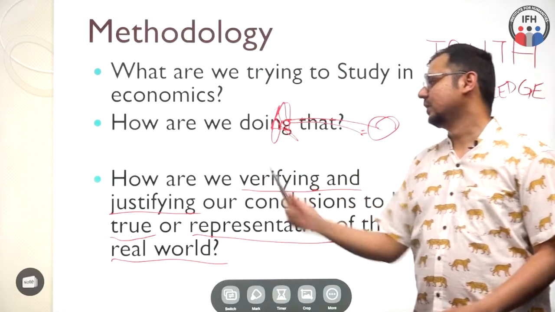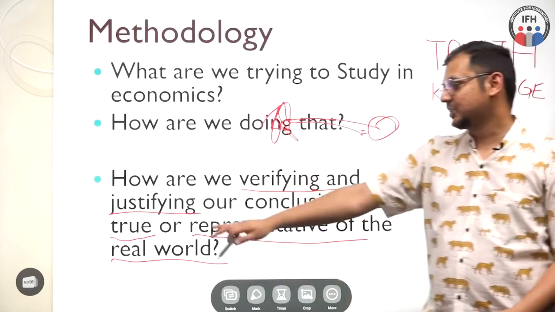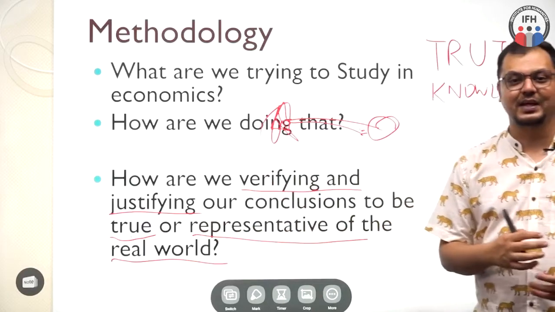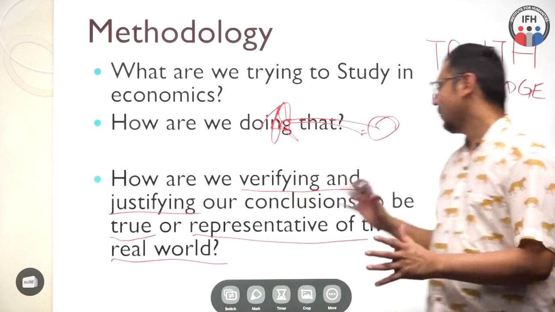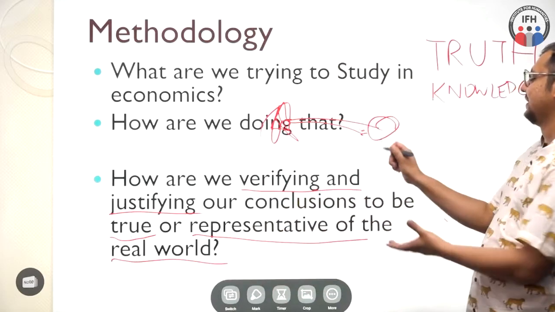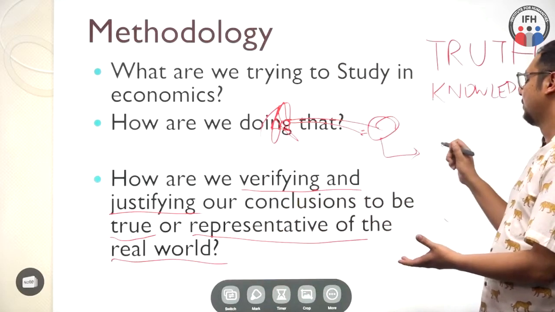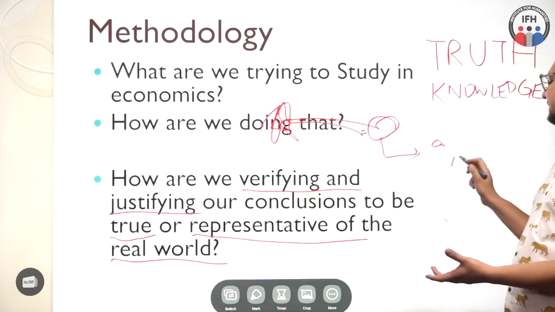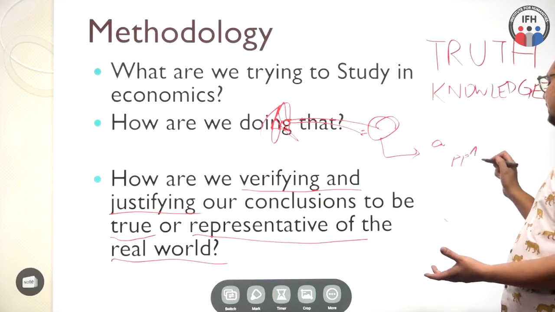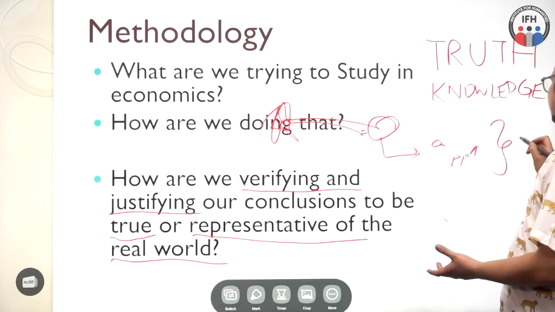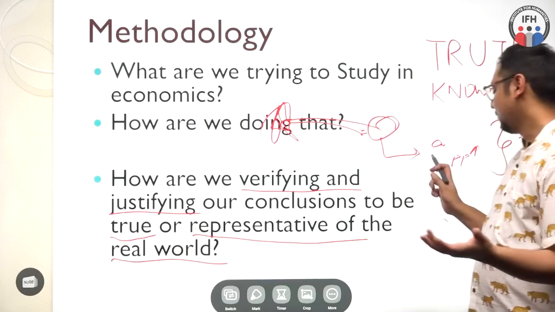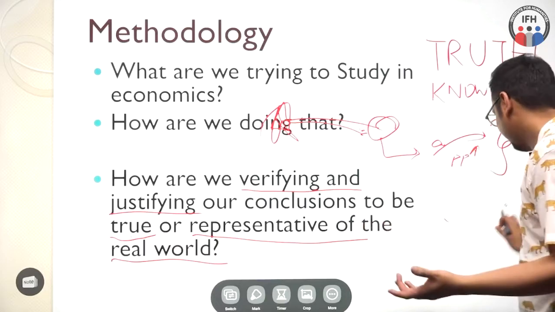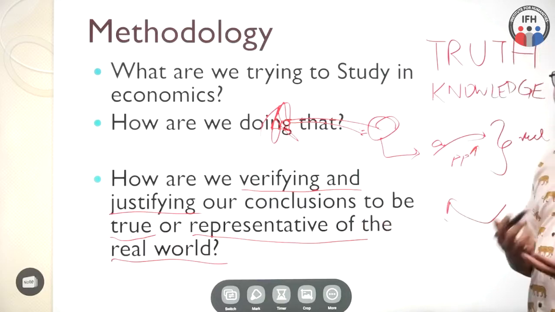Like I said, truth is much heavier, so I'm not going to get into that. But when I have a model that gives me a conclusion that this is how people are going to behave, or this is how prices are going to go up, does that really happen in the real world? Or alternatively, it doesn't have to be a predictive model, it can be a descriptive model as well, which is basically the other way around.